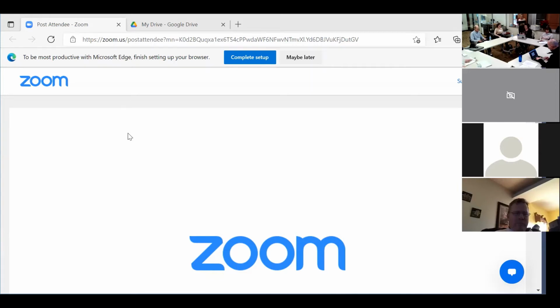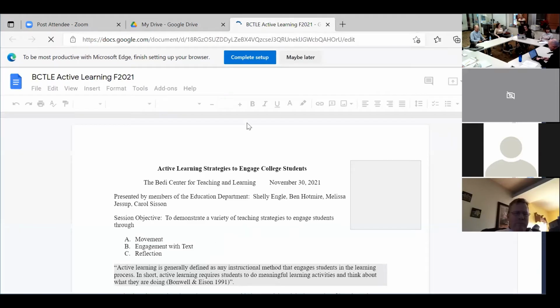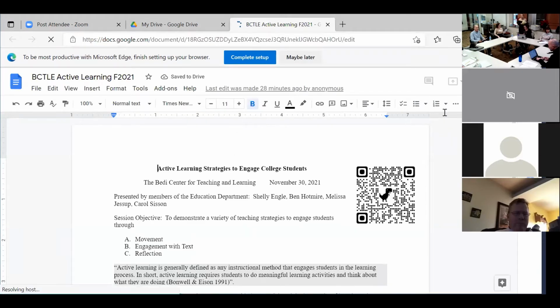In short, active learning requires students to do meaningful learning activities and think about what they are doing. So it really puts the work of the learning onto students, and not just us as faculty trying to offer them up everything to learn. They have to engage in the learning to participate.